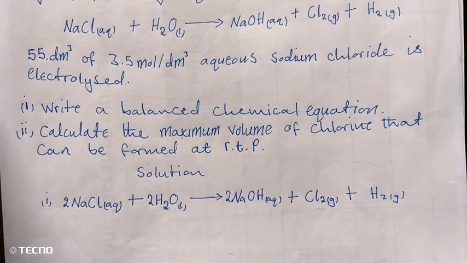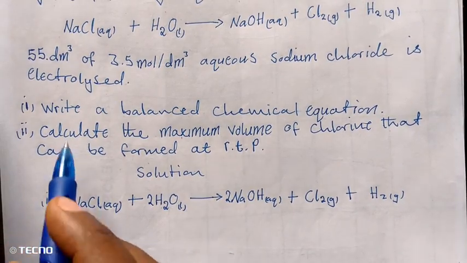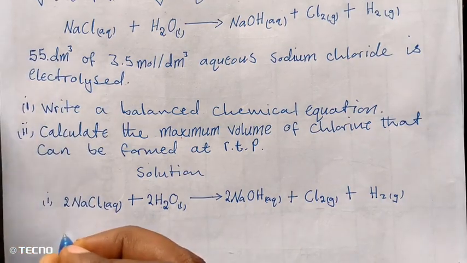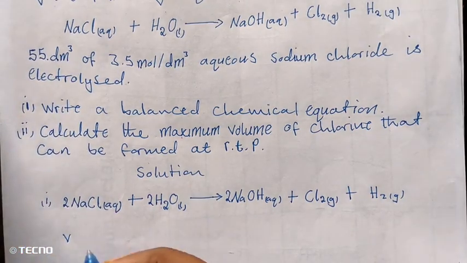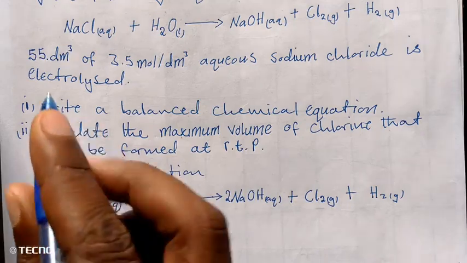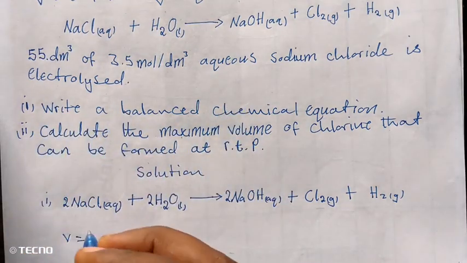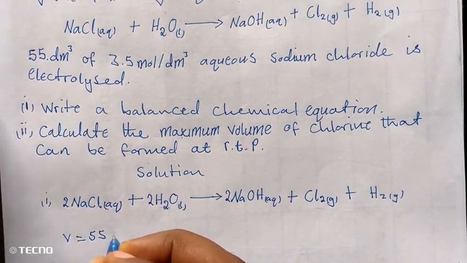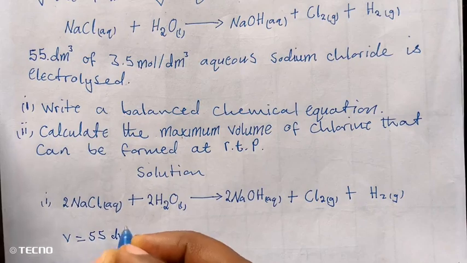So we'll write the first formula where we have been given what we have been given there is the volume. Volume is equal to volume for this sodium chloride, it's 55 decimeter cube.